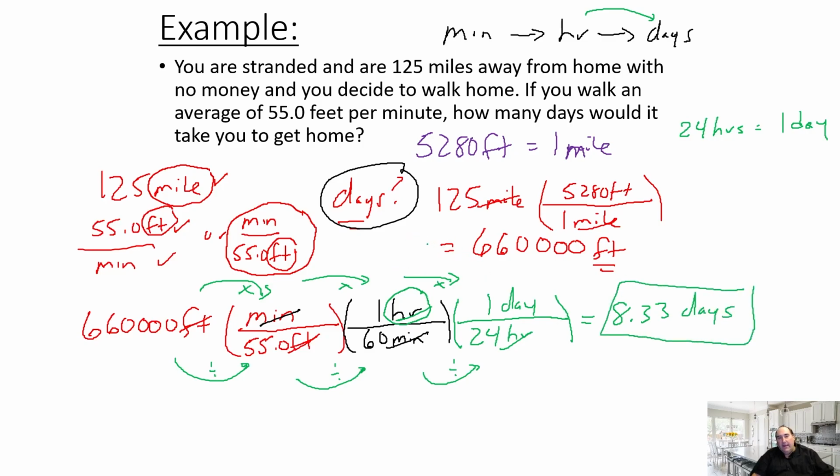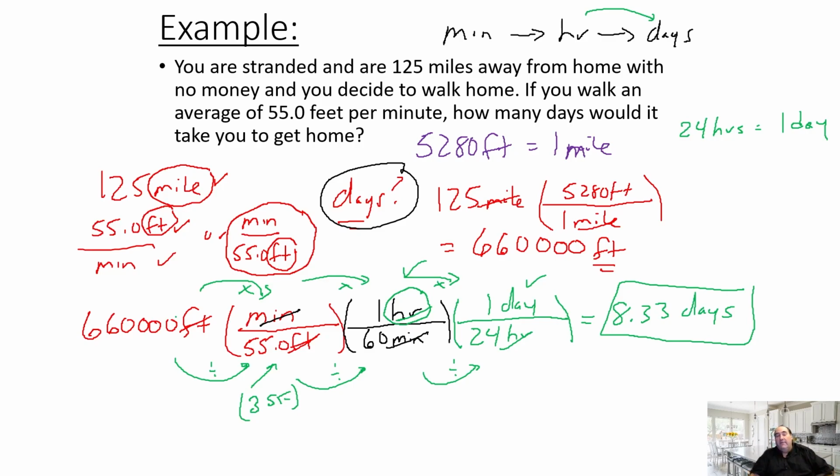So let's take a look: is this the correct answer? This is an exact number, not going to worry about it. Exact number, not going to worry about it. Here, this number has 3 significant figures. We do need to look at that, because 55 feet per minute is not an exact equality; it is specific to this question.